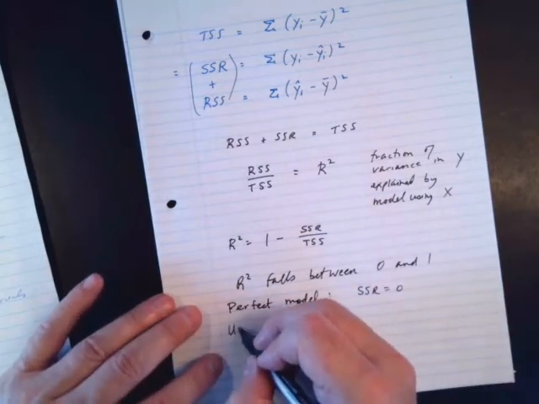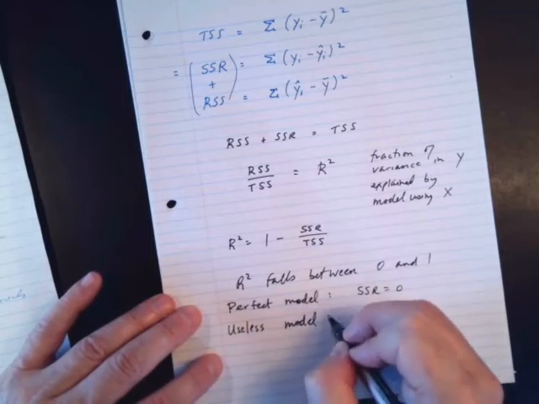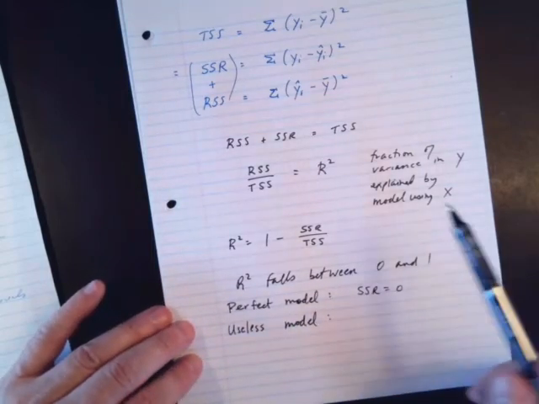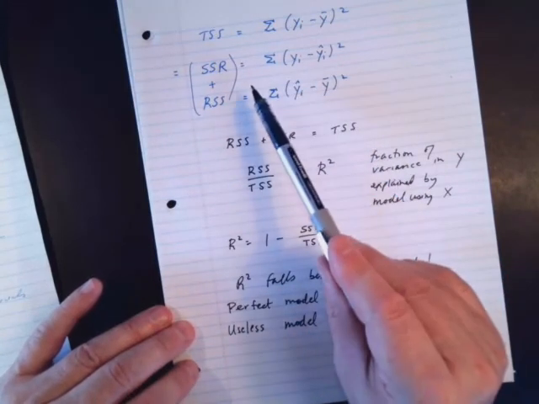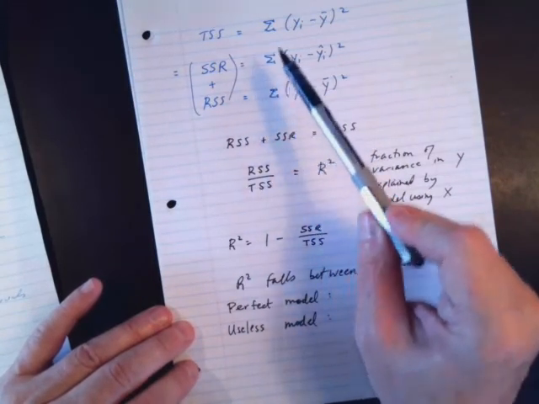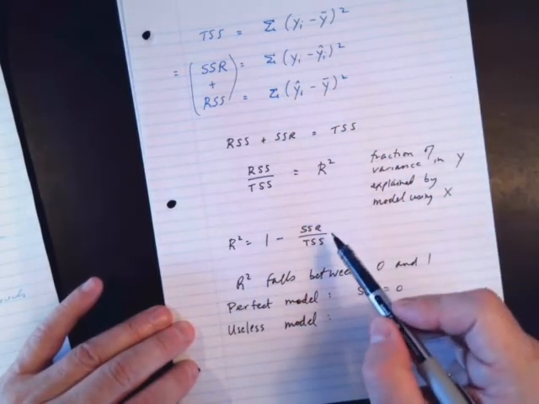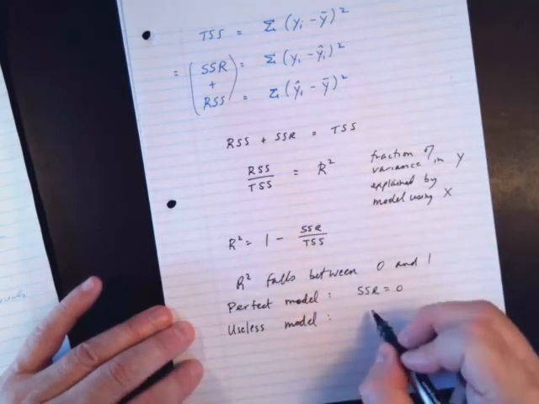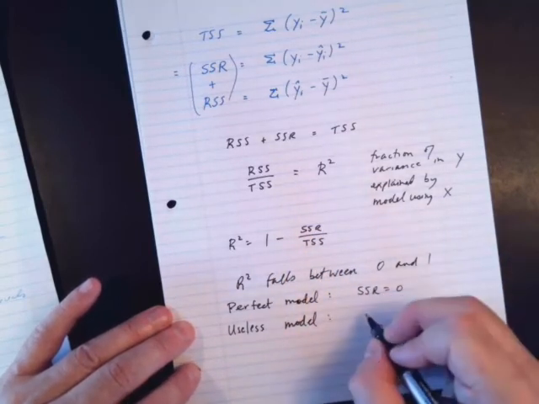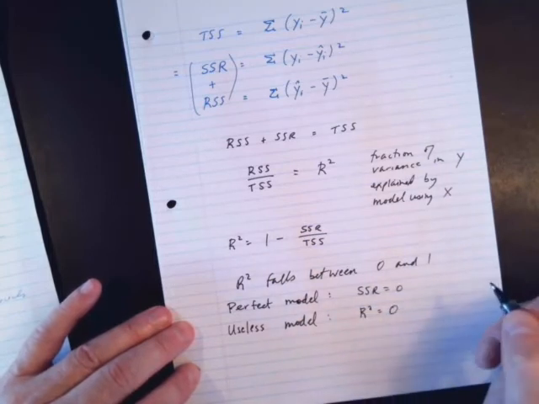And if we have, let's say, a useless model, well, that would mean that the sum of the squared residuals is the same size as the total sum of squares. So then this ratio would be 1, so then we'd have 1 minus 1, and R squared equals 0.